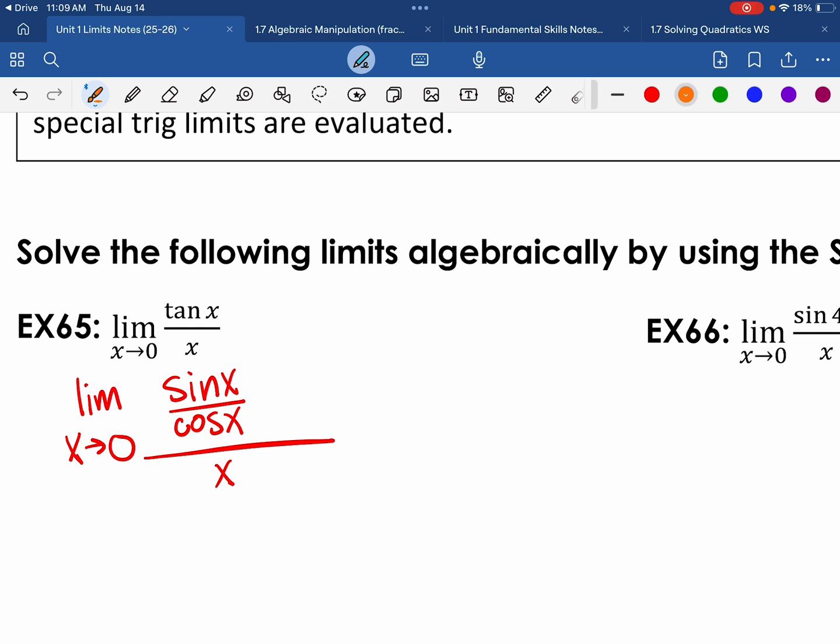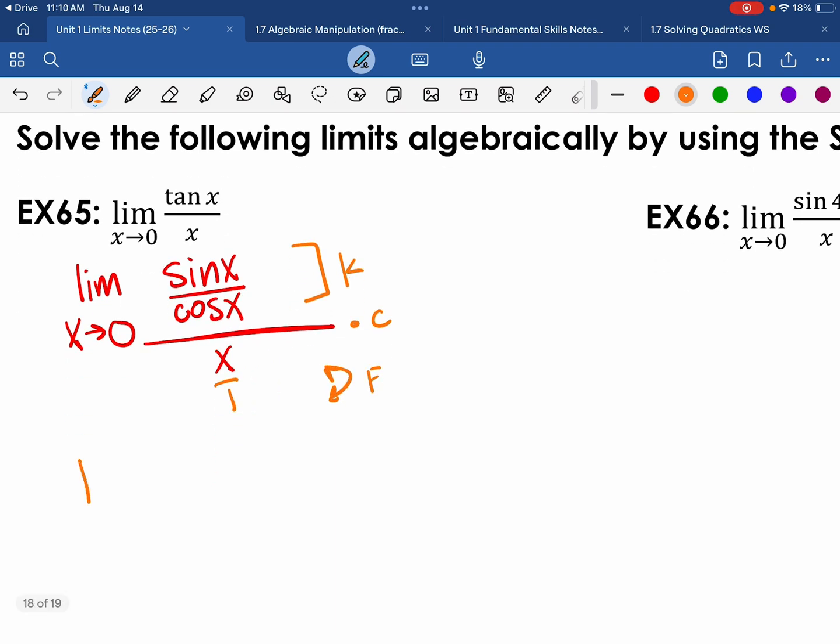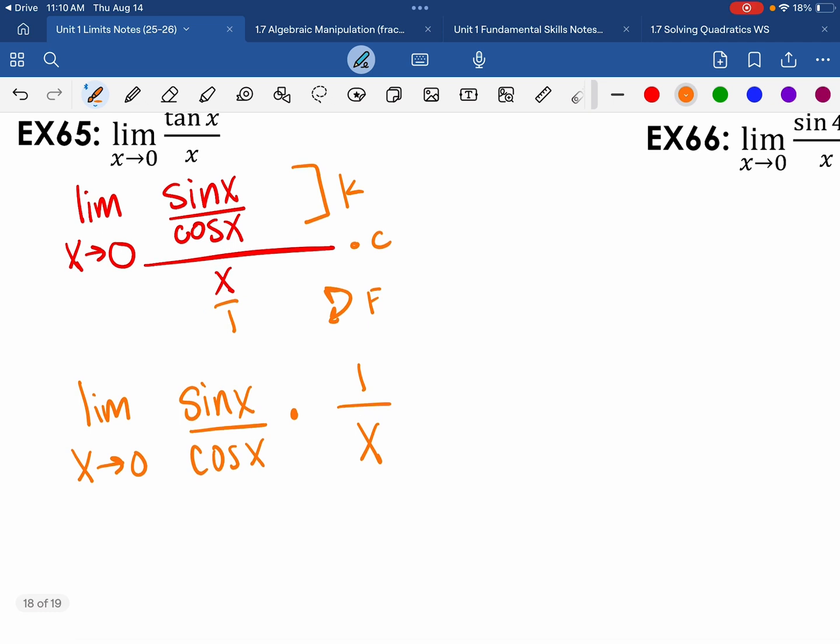Now, because I have fractions and fractions, I'm going to keep, change, flip. So the limit as x approaches 0, I'm going to keep the sine x over cosine x, change the sign to a multiplication, and flip the x over 1 to be 1 over x. All right, is that okay so far?